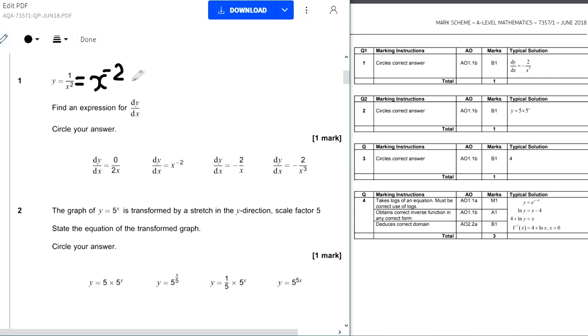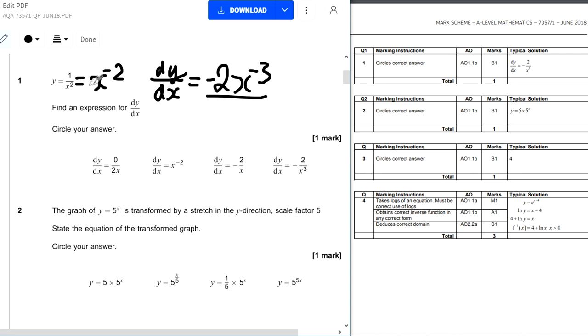Now when I differentiate this, it's much easier because I've just got to bring down the power and decrease the power. Obviously that exact form is nowhere to be seen, however it can be rewritten.